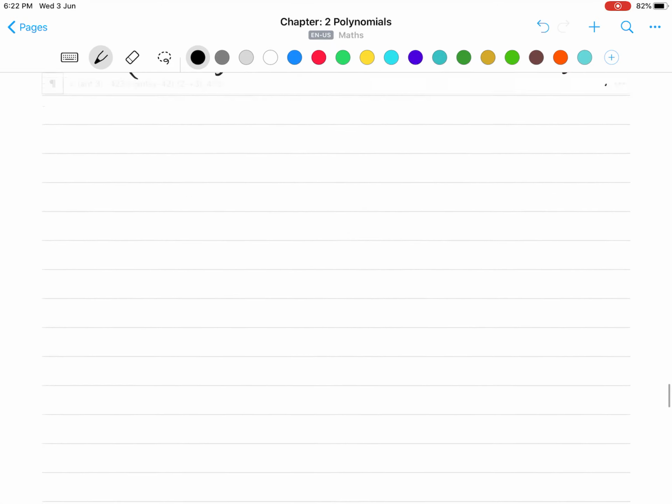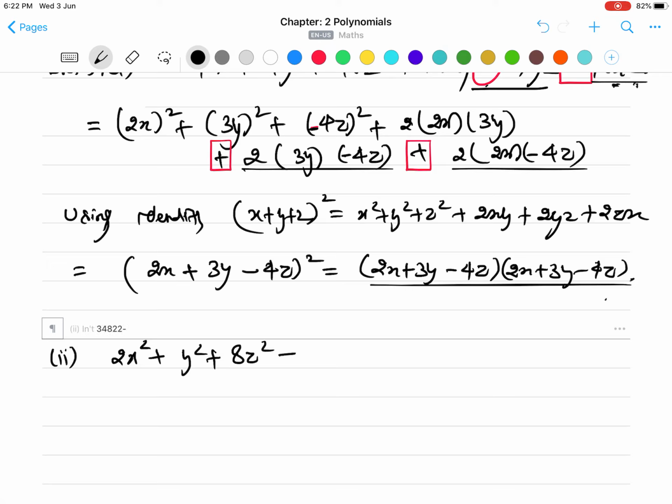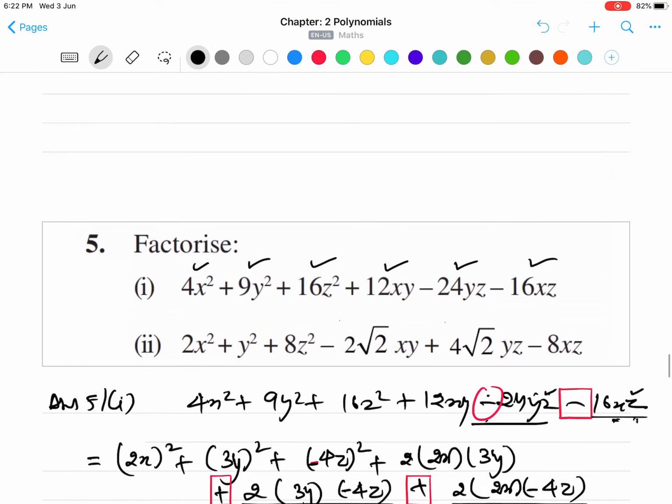Similarly, we have the second part of this question. We have 2x square plus y square plus 8z square minus 2 root 2 xy plus 4 root 2 yz minus 8xz.